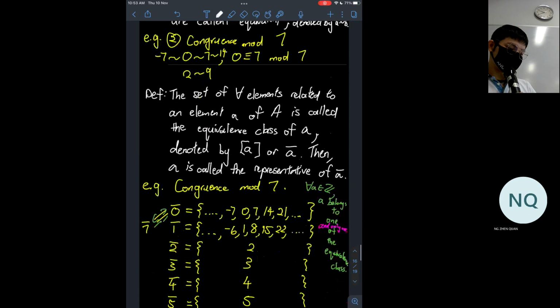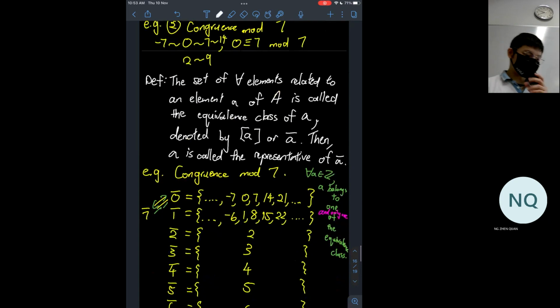An equivalence class is a set, first of all. So you need to ask what the elements inside it are. If I say the equivalence class of a, that means anything that is equivalent to a is in the set. If I say the equivalence class of 0 in congruence mod 7, what are the numbers equivalent to 0 mod 7?